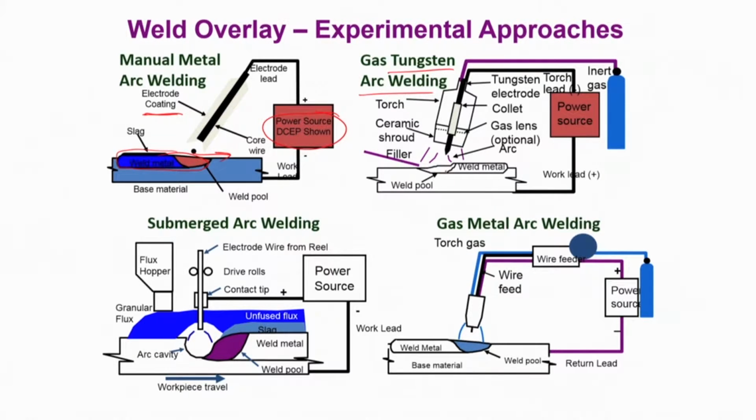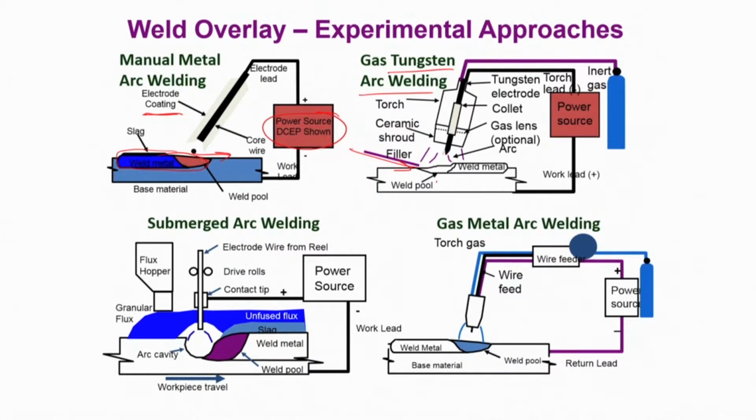The temperature here could be even higher, but you feed in a filler wire. Unlike in the previous case, where the material to be deposited was part of the electrode by way of a concentric coating or a sheath, here the electrode is only an electrode, not directly getting consumed or participating in the welding process.